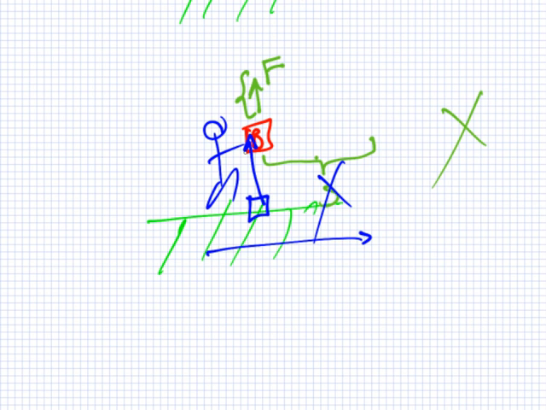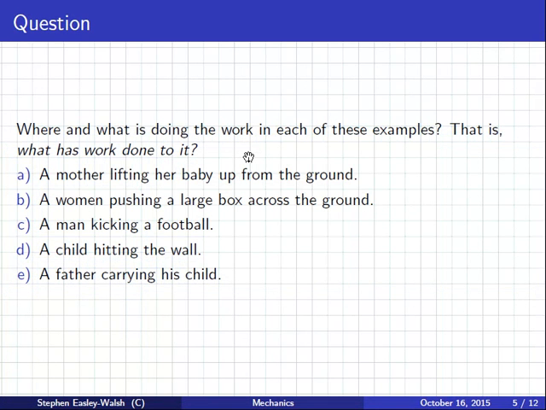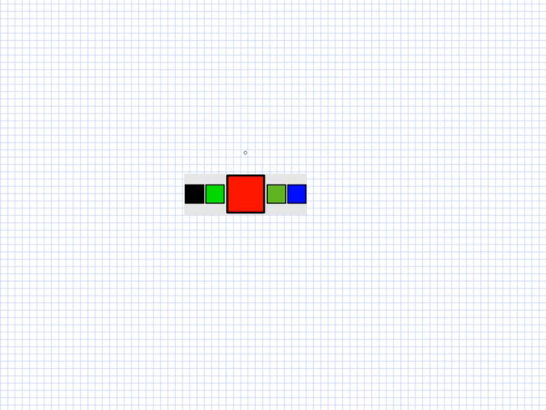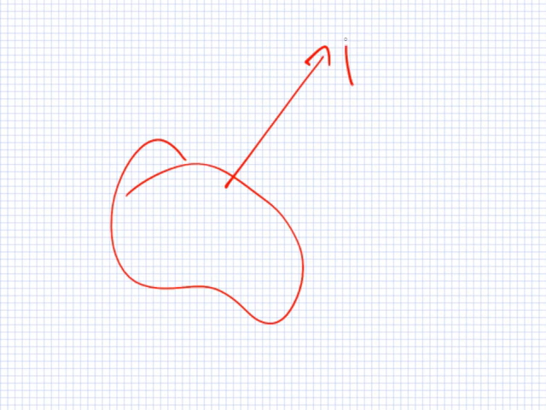So the force and distance are always... Yes. The important thing here is if there's a force, you only count the distance it moved in the direction of the force. The same way for the distance.